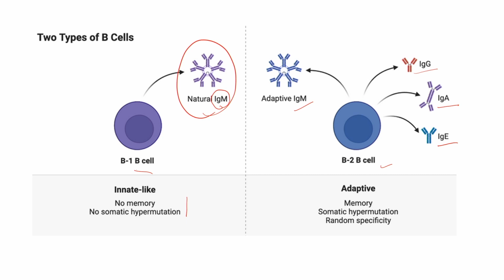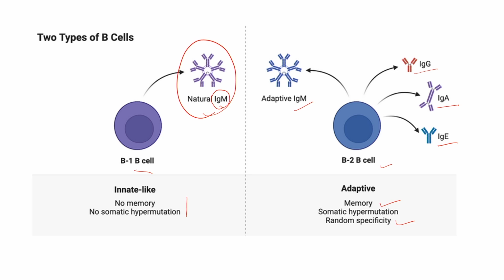These are not present right from the birth, and they are acquired in terms of their generation. They carry the memory. They do have a process called somatic hypermutation that could lead to variation of antibodies, and also they have a random specificity. So they can have a very generalized way of specificity that can bind to some very unique pattern of immunoglobulins.